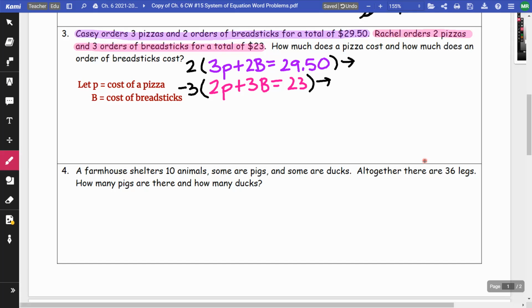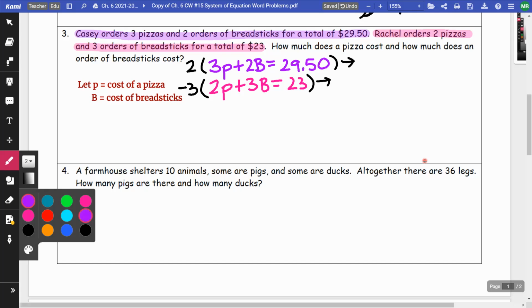So when I do this, I'm going to get 6P plus 4B is equal to, and $29.50 times 2 is going to be $59. And when I multiply the bottom one, I'm going to get -6P minus 9B is equal to, and when I take 23 times 3, I get a -69.